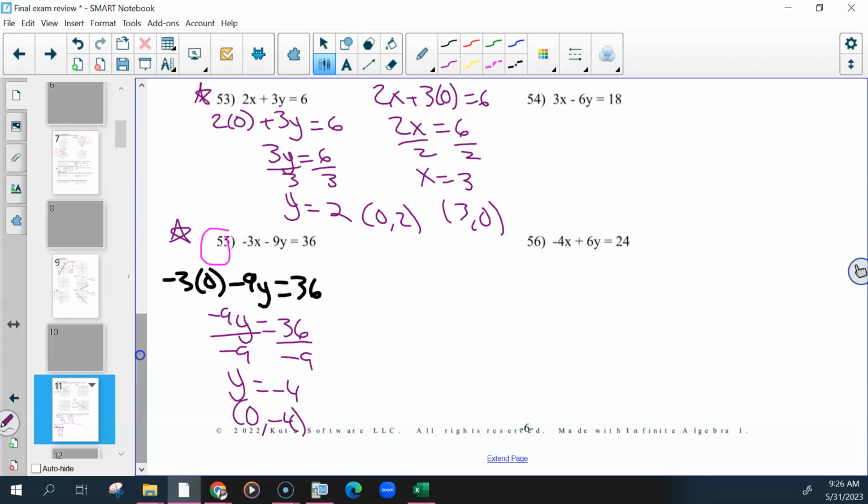(0, -4). And do the same thing to find y. To find x, sorry. So put 0 in for y and start to solve. Divide both sides by -3.